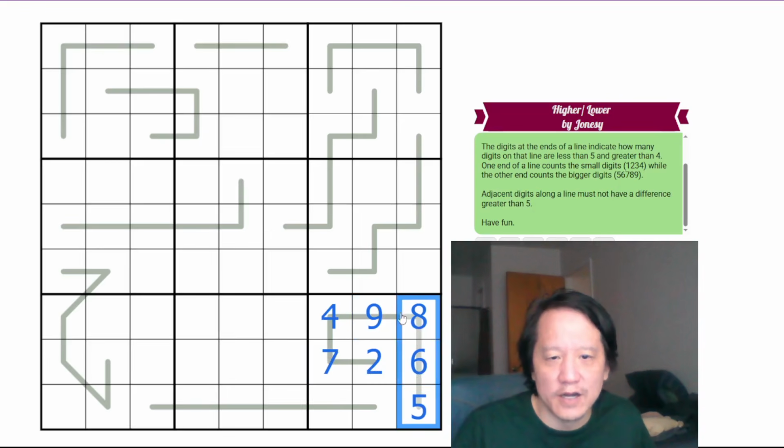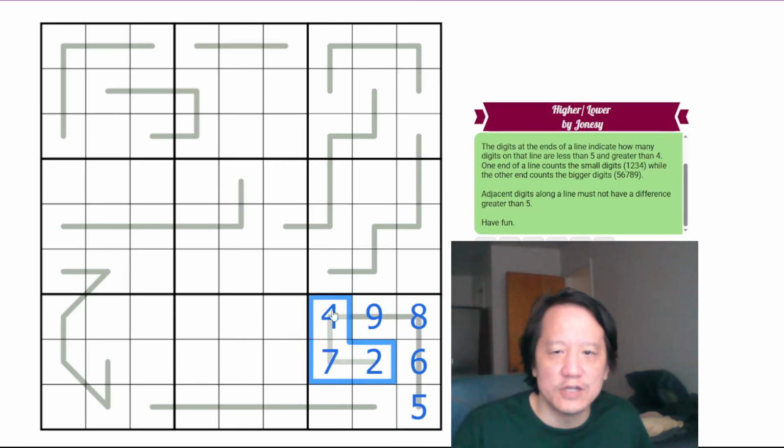So along this line, the 2 counts the 2 and the 4, and the 5 counts the 5, 6, 7, 8, and 9 on the line. And adjacent digits along the line must not have a difference greater than 5.